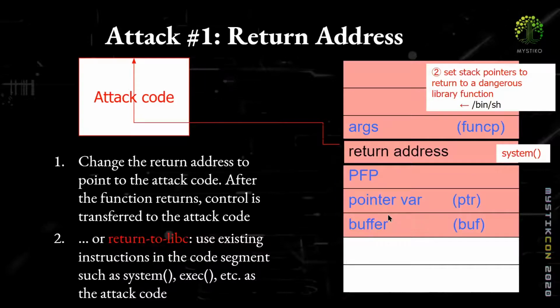So we change the return address to point to the attacker code, and after the function returns, control is transferred back to the attack code. Or we can also change the control flow to return to libc, that is, use existing instructions in the code segment such as system or exec, etc.